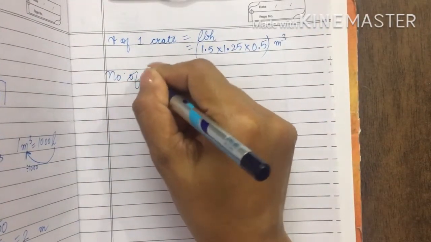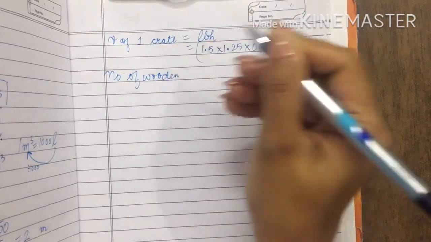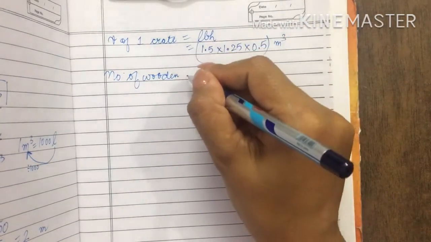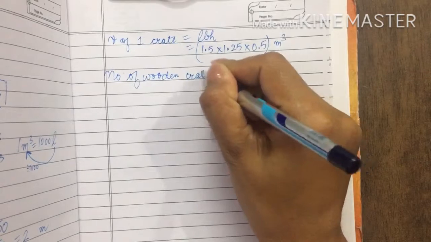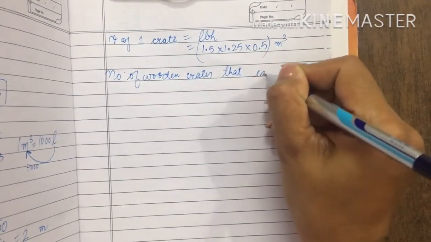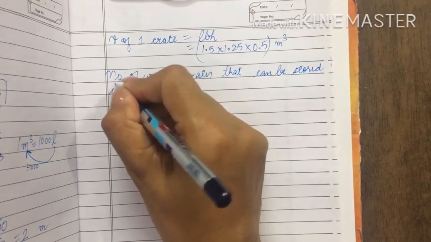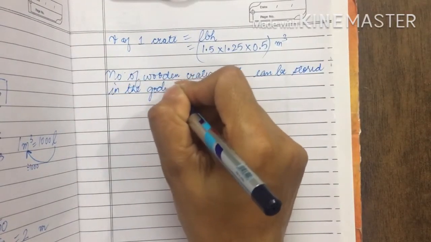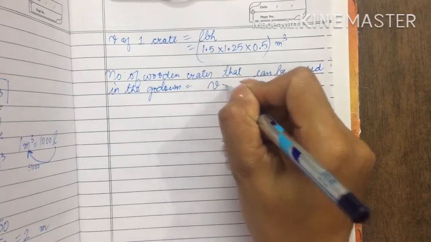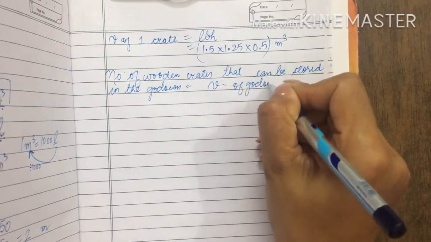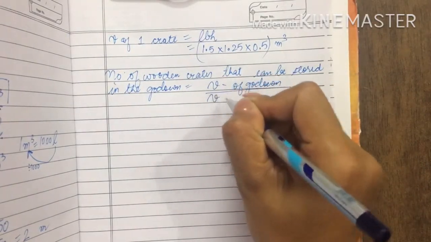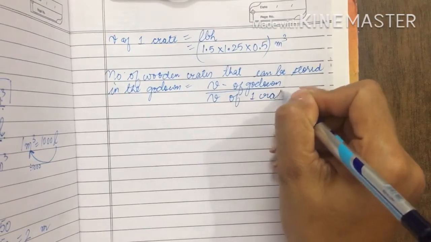Now to find out the number of wooden crates that can be stored in the godown, what we are going to do, we will divide the volume of the godown by volume of one crate.